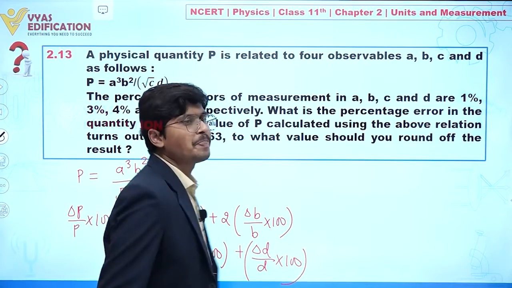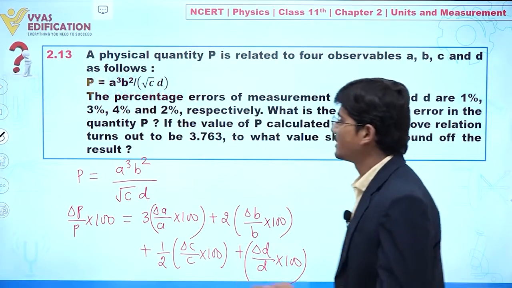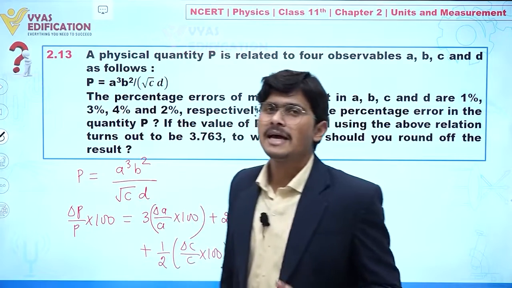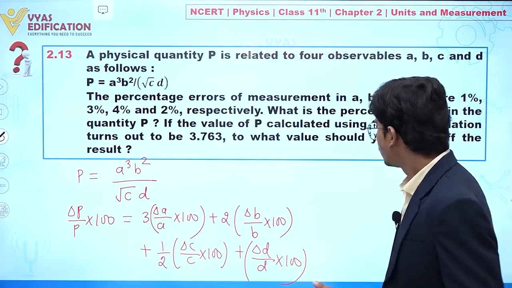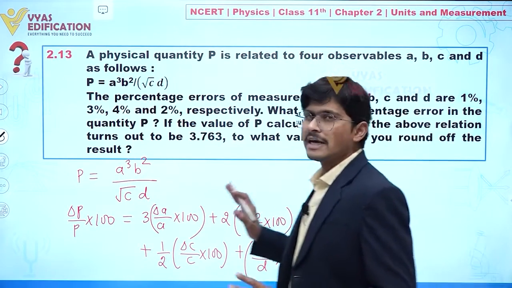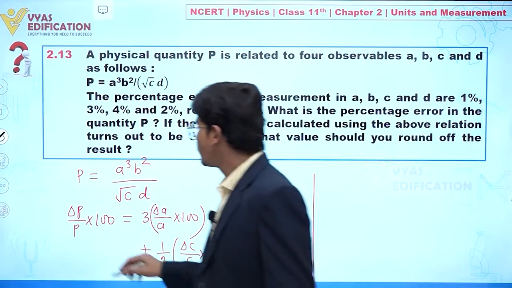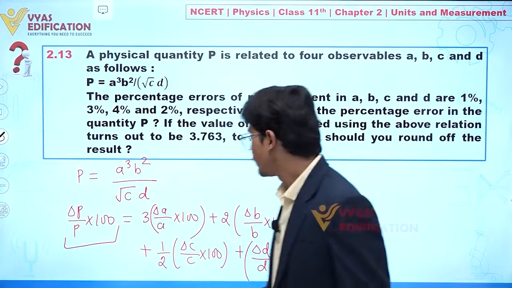Always keep in mind, whenever we are calculating errors, error is always added, clear. We will not subtract error at any instant, clear. So our objective here is to find the percentage error in the value of P. So how can we find?